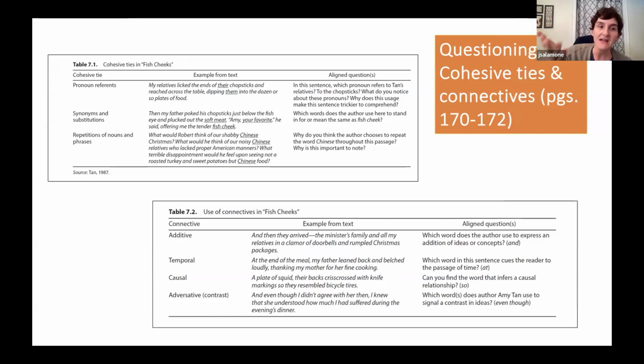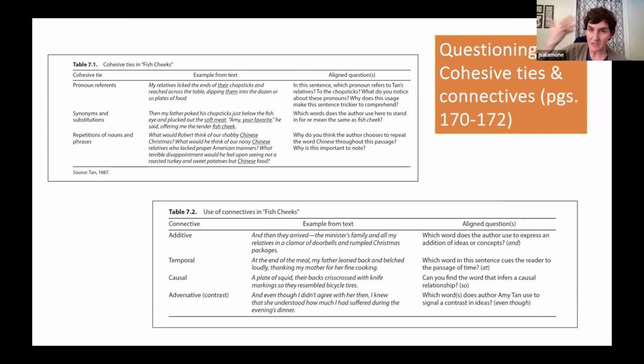So here are some aligned questions, and they're connected to the short story Fish Cheeks, which is in the Who Am I unit. But before even getting to having these aligned questions and posing them to students, being really mindful that with the cohesive ties and the connectives, there's a lot of direct instruction that goes around that first.